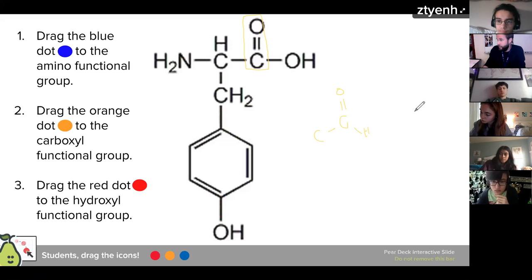And it's also not a ketone, because to be a ketone functional group we'd have to have something that looks like this. We don't have that either. We have C double bond O for sure, but then we have this OH that's attached to the carbon. That's what makes this entire functional group a carboxyl group and not an aldehyde or a ketone group.